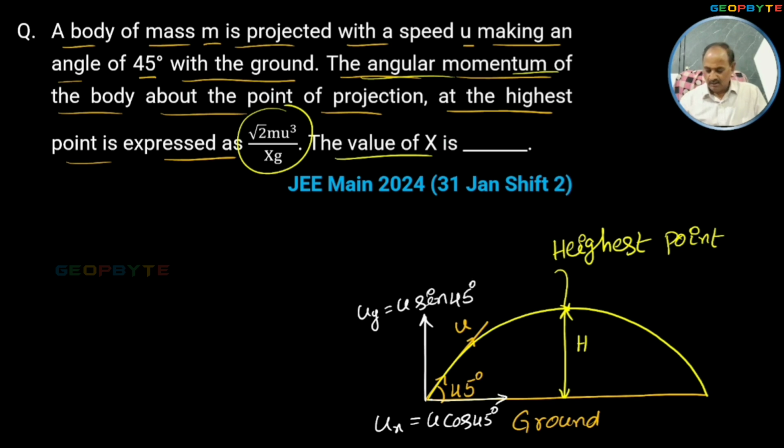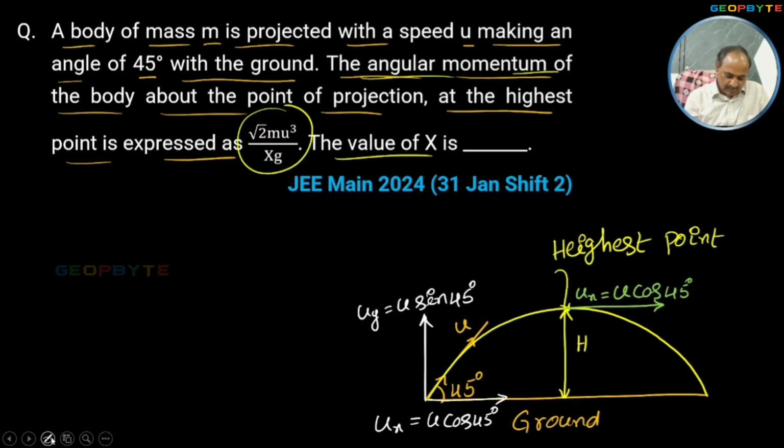Since the horizontal component of velocity remains the same for any projectile motion, at the highest point also it maintains the same horizontal component, u cos 45 degrees, that is ux, the component of velocity in the x direction.